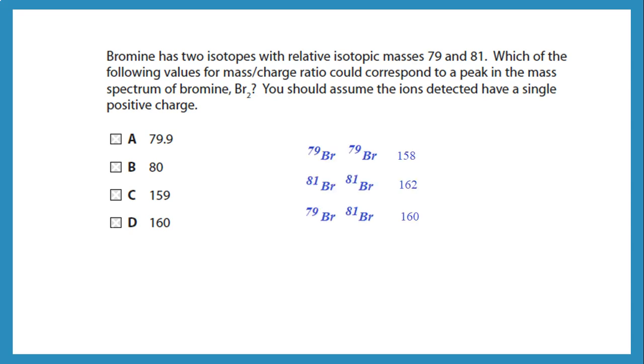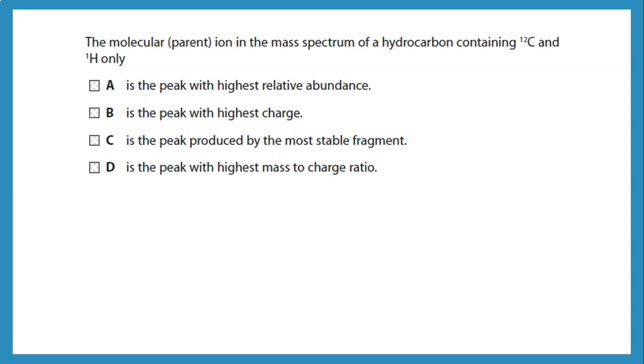We said, in this case, either both of them are 79, then I should have a peak at 158. Or both of them have a mass of 81, so I should have a peak at 162. Or one of them is 79 and the other is 81, so I should have a peak at 160. So the one that could be found for the mass spectrum of Br2 is a peak for 160.